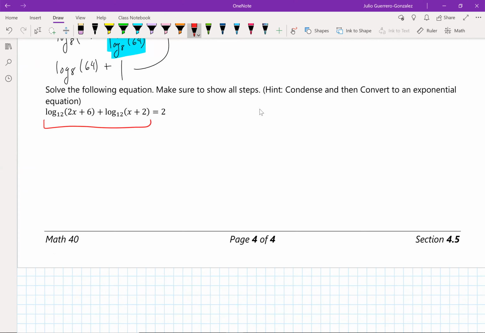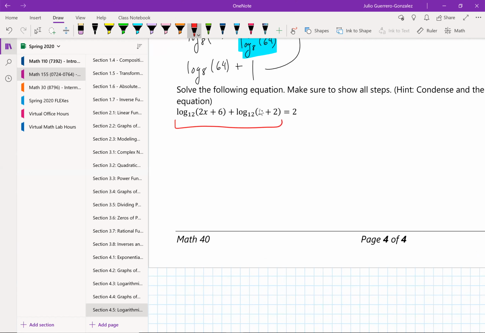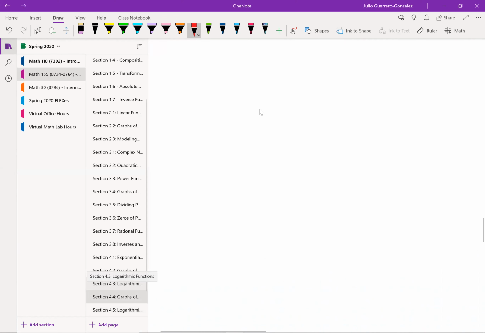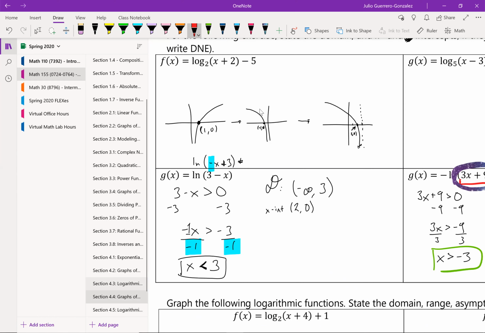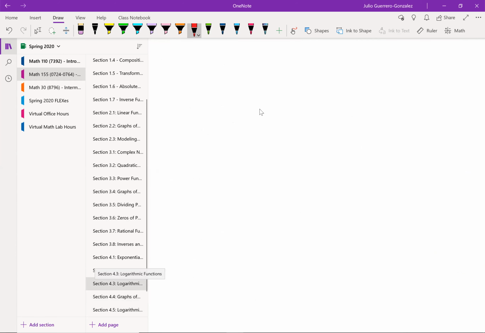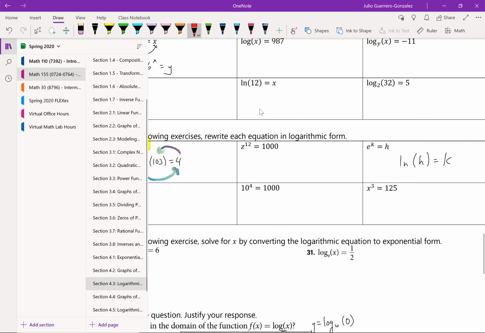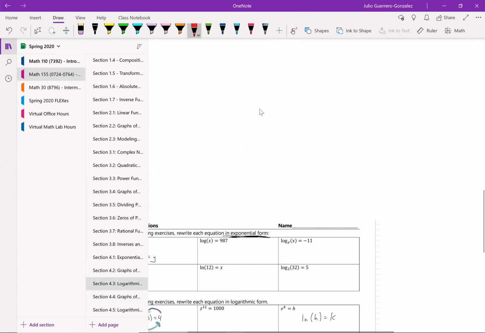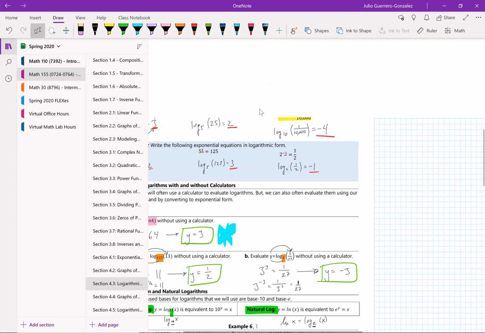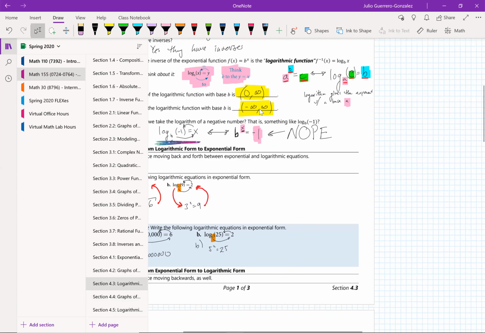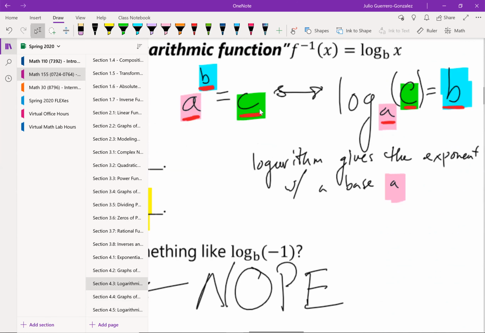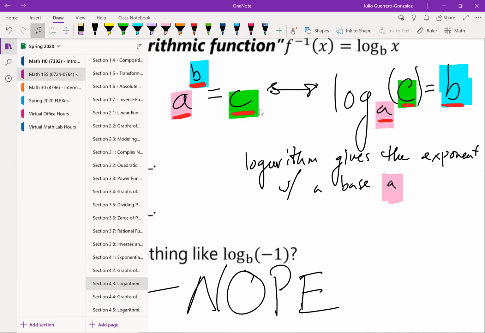And then you can use this thing from our last class. Was it last class? The class before? I think it was our class before this one. You can use this handy dandy thing, and that gets x rid of the logarithm. Oh, okay. Got it. Thank you.